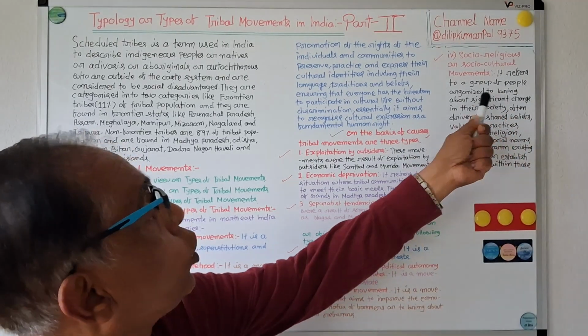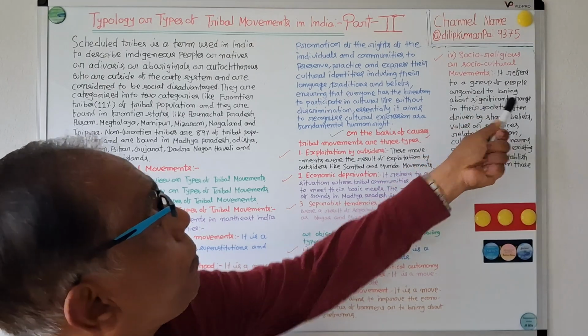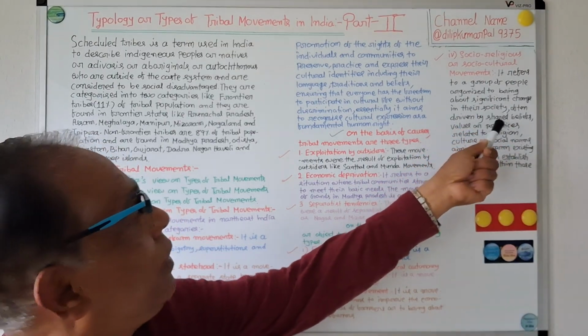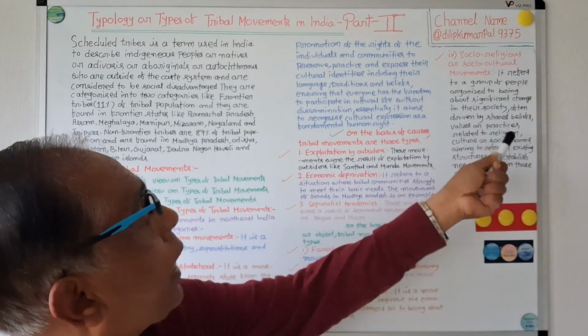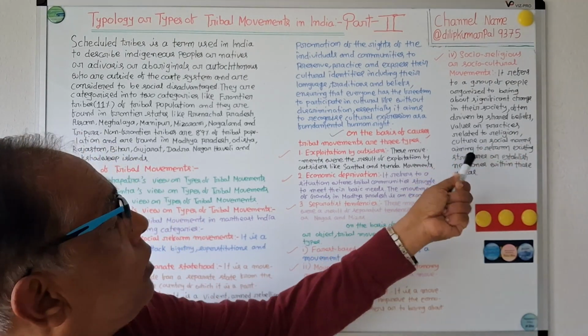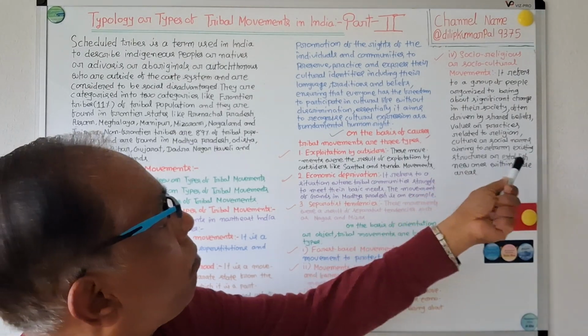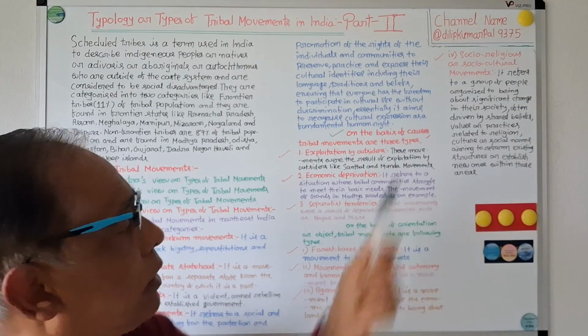It refers to a group of people organized to bring about significant change in the society, often driven by shared beliefs, values, or practices related to religion, culture, or social norms, aiming to reform existing structure or establish new ones within those areas.